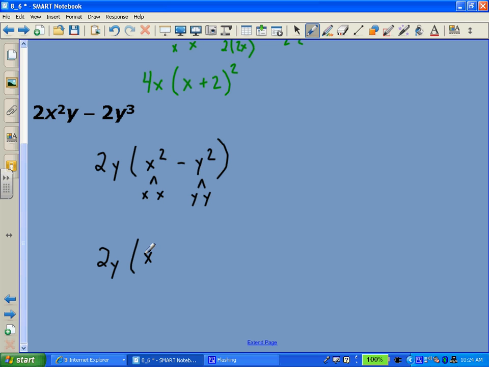So I have 2y in front, and then I have x plus y, x minus y. So as you can see, we're finding GCFs first. That's one of the main differences. And then continuing to factor using either how we factor trinomials or difference of two squares and things like that.